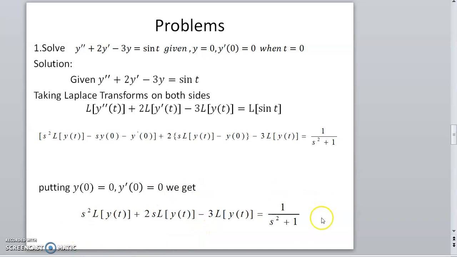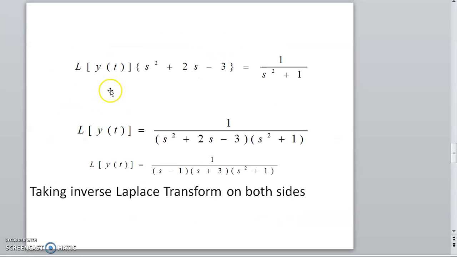Which is the algebraic equation. To solve the algebraic equation, we get L of y of t in terms of s. So taking out L of y of t, we get L of y of t into s squared plus 2s minus 3 equal to 1 divided by s squared plus 1.